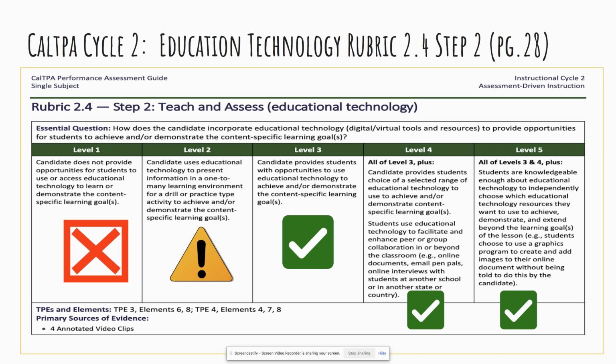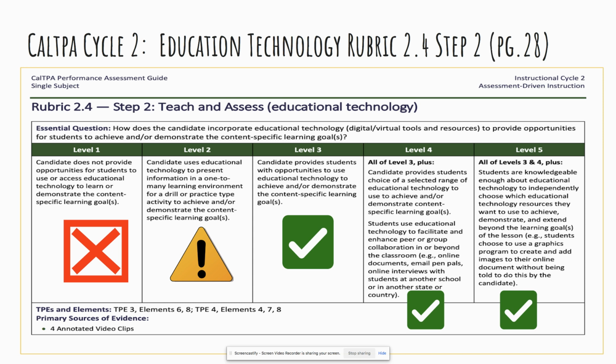And then at level 5, students are so in the flow with using technology, they really don't need your guidance here. They're able to make choices independently. Perhaps they've been doing a digital poster like Canvas for quite some time, and they're able to use this digital tool independently.